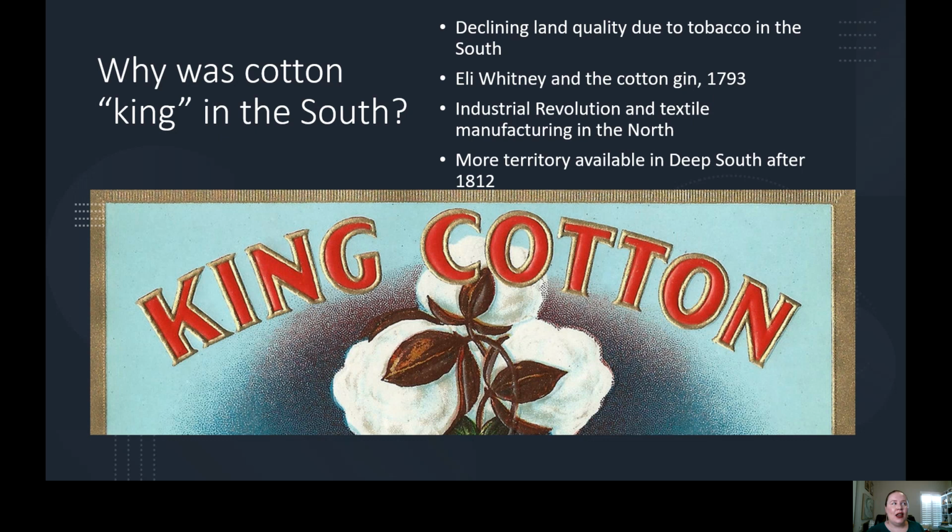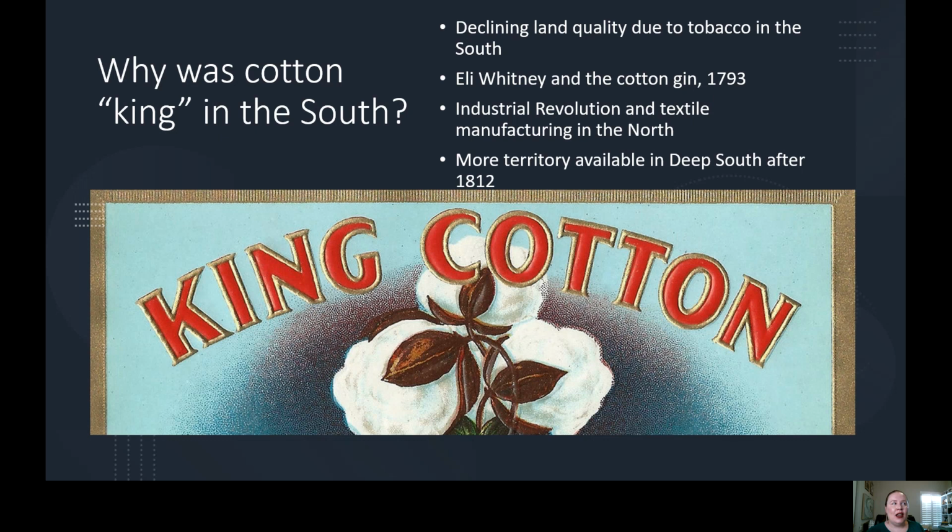After cotton's picked off the plant, and you can see what it looks like in this advertisement for King Cotton, you have to process it by picking out the seeds, which are sticky, and it takes a lot of labor to process cotton by hand. That cut into the production of cotton because it was very time consuming, not only to grow, but also to process.